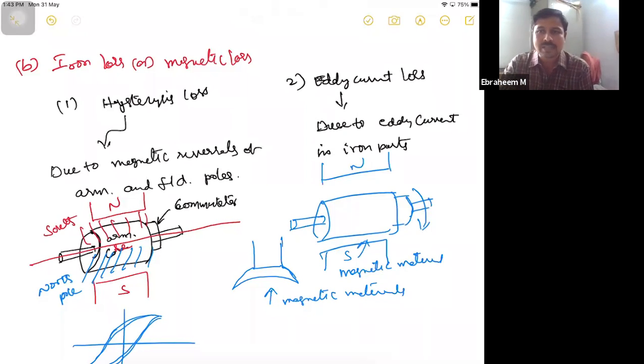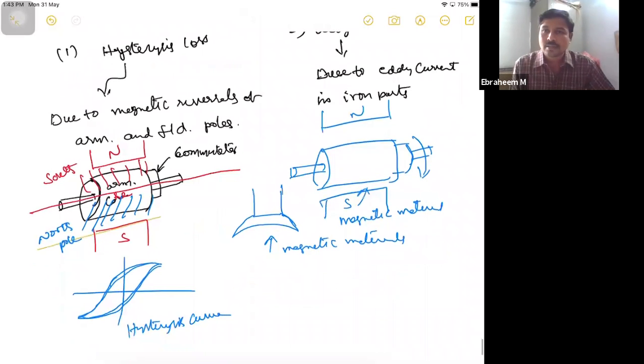So obviously the flux linking this magnetic armature core will change. According to Faraday's law, you will have induced EMF in this core also, because after all it is an electric conductor only. Even though it is a magnetic material, it is an electric conductor.